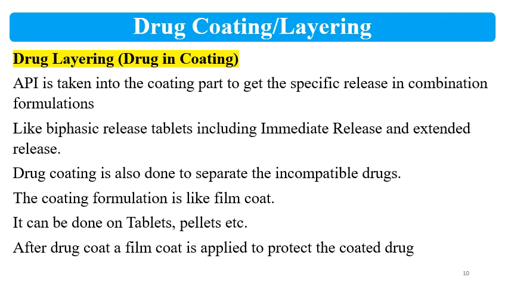Drug layering is also done mainly in pellet type of formulation, because in pellet formulations for low dose type of formulation, the drug is kept in the drug layer to have the specific release profile and pharmacokinetics. So based on the product requirement and the reference product profile, if the product is a generic product, at that time drug layering is done.